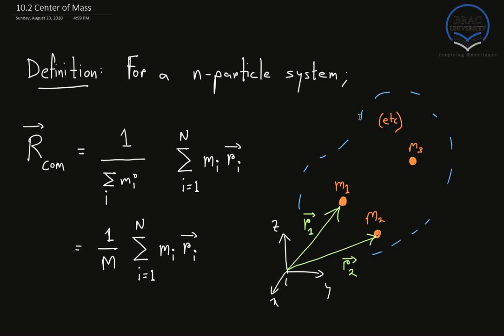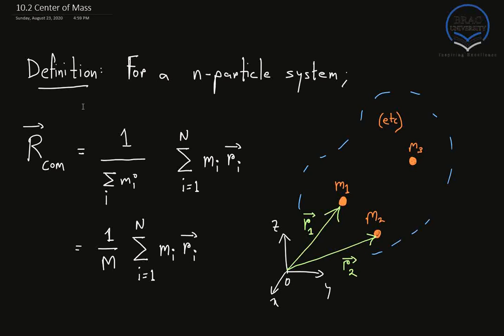So suppose you select an origin and three axes in three-dimensional space, of course. And suppose that the n particles have position vectors in this coordinate system, which are r1, r2, r3, up to rn, right? We have n particles that constitute this system.